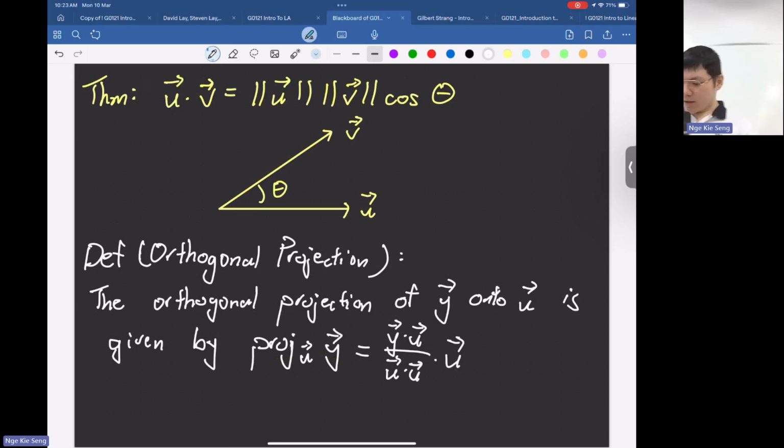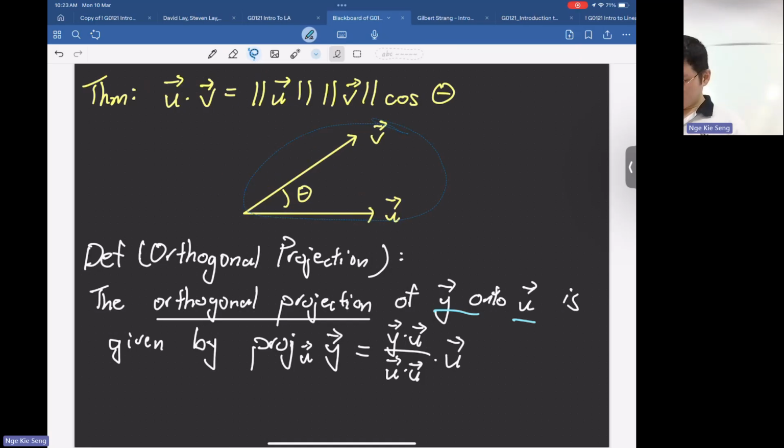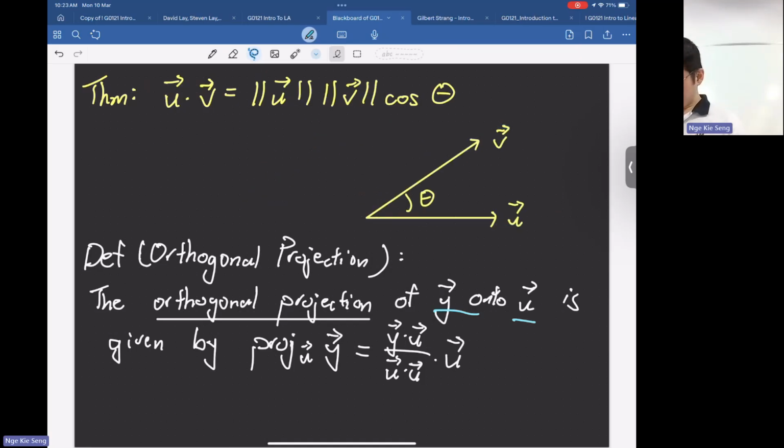So how do we think about this orthogonal projection here? Basically, if you're going to start this orthogonal projection procedure, you need two vectors to start with. So let's borrow these two vectors here. In this case, we call them u and y.